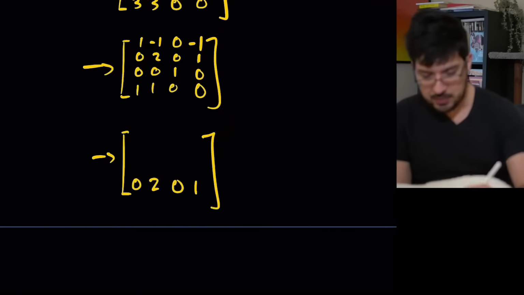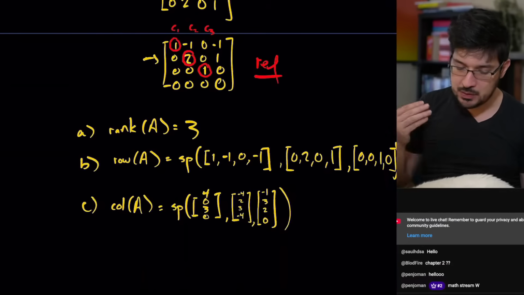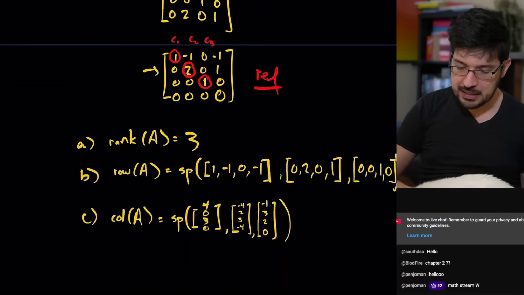So, because those are the column vectors in columns 1, 2, and 3, C1, C2, C3 are the columns of the initial matrix corresponding to the pivot entries of the reduced row echelon form.